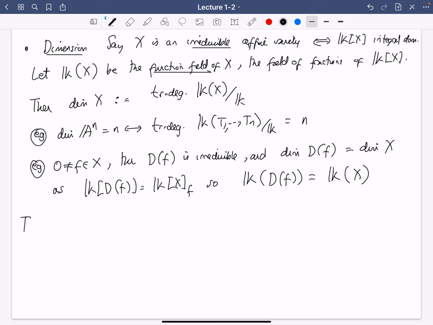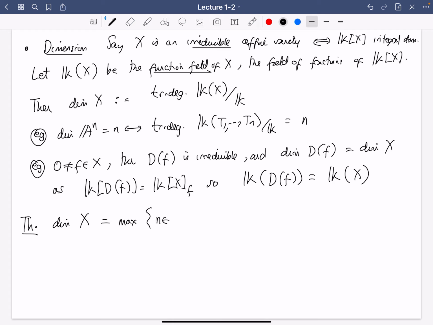I'm just going to write down a theorem, which I am not going to attempt to prove. It actually is a little bit harder than everything else I've said so far, but the theorem gives a nice characterization of the dimension of X. I've given this dimension in terms of the function field by this notion of transcendence degree, but there's an alternative definition in terms of the Zariski topology.